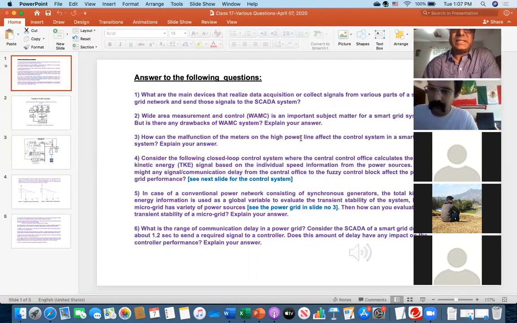As I mentioned in the answer to question one, they can damage or misoperate those RTUs, PMUs, and sensors. So the appropriate answer is yes. The drawbacks are that there could be time delay, communication delay, and there might be cyber attacks or cyber hacking at any point of the entire power grid.